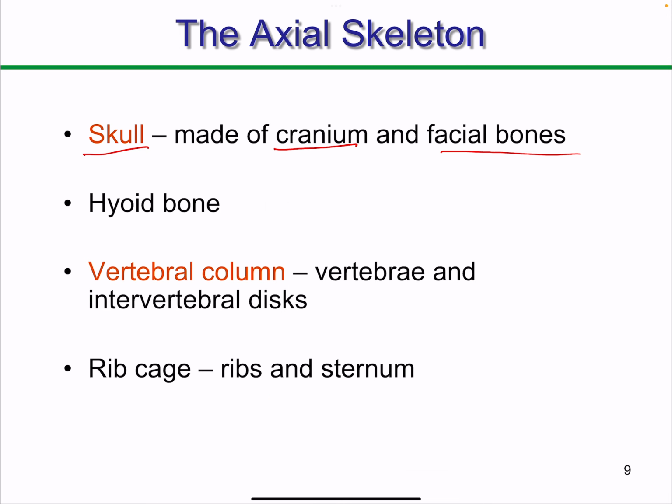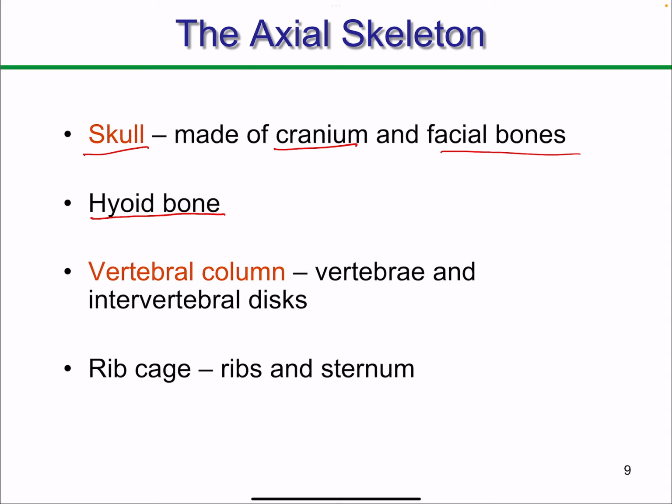Okay? Now, underneath the skull, you are going to have the hyoid bone. The hyoid bone is a particular bone in the body. Particular in the sense that this is the bone that holds the tongue, that is not specifically attached directly to the remainder of the skeleton, but somehow it is attached, right?